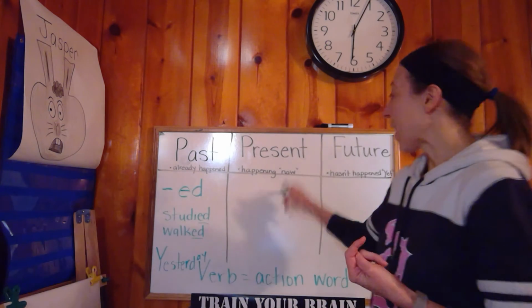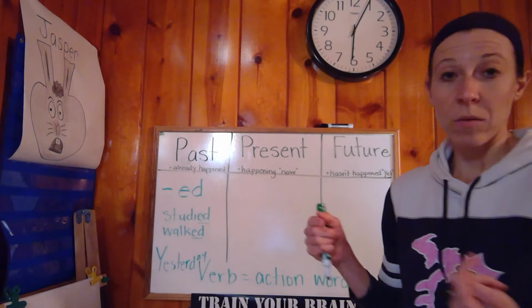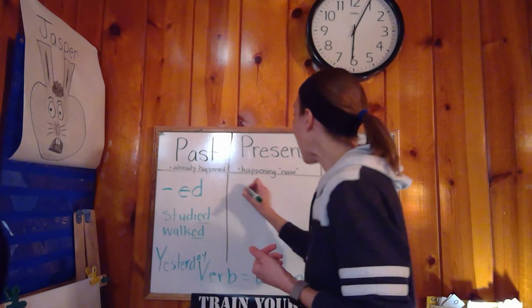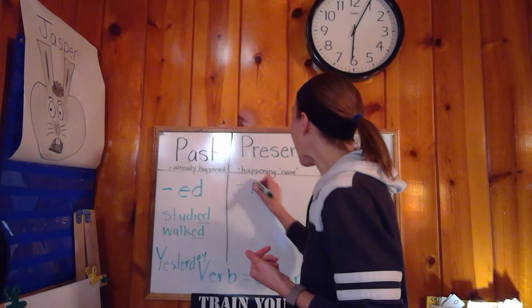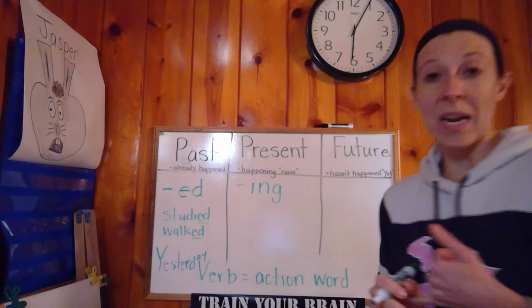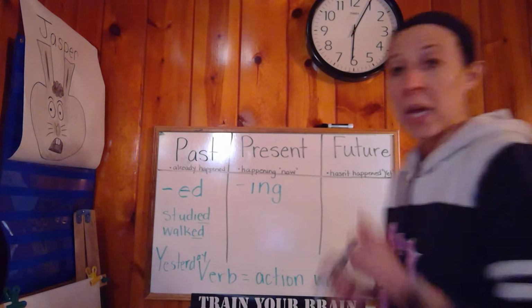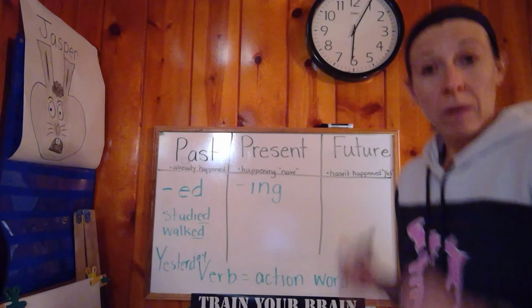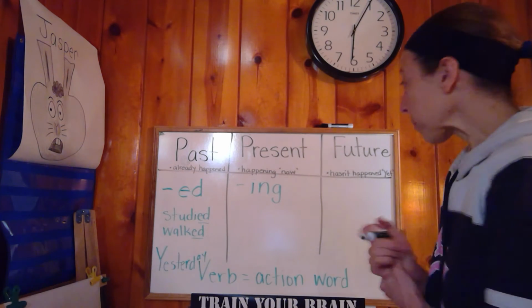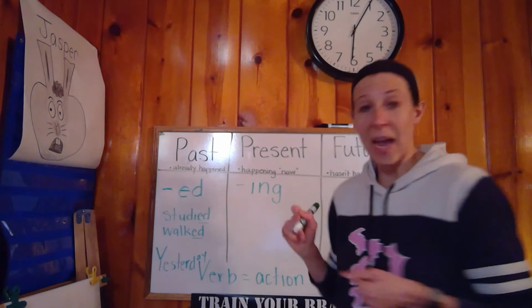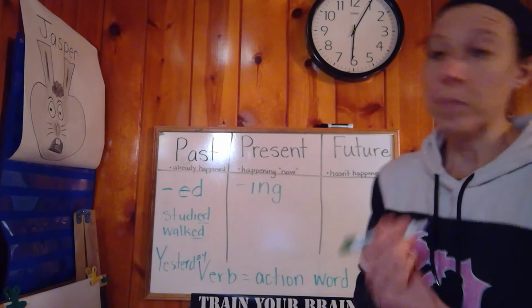All right, present. If it's happening right now, right now I'm standing. And at the end of standing is an ing. So standing. Or if I'm walking, I'm doing it right now. Or maybe I'm running and I'm doing that right now. So if there is a verb with an ing at the end, then it's happening right now.